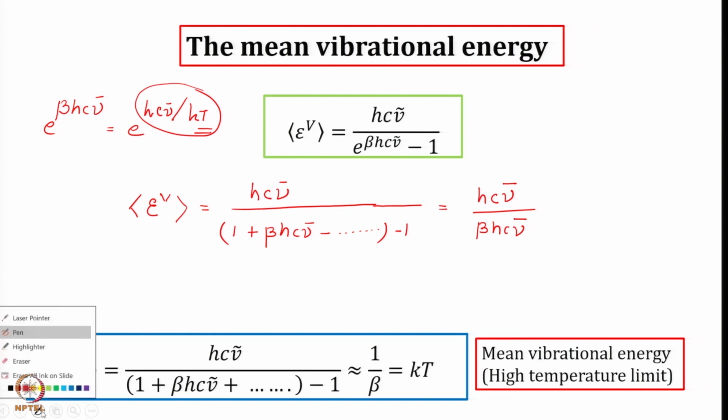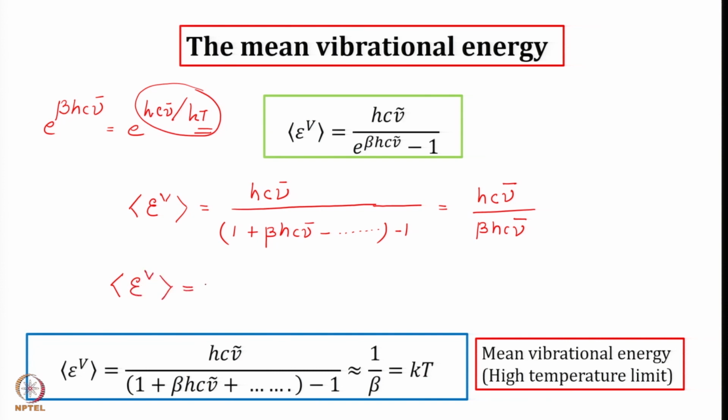In this, hc nu bar and hc nu bar can cancel. So eventually what we have is mean vibrational energy is equal to kT. But remember that this is a high temperature result, or if the bond is very weak.